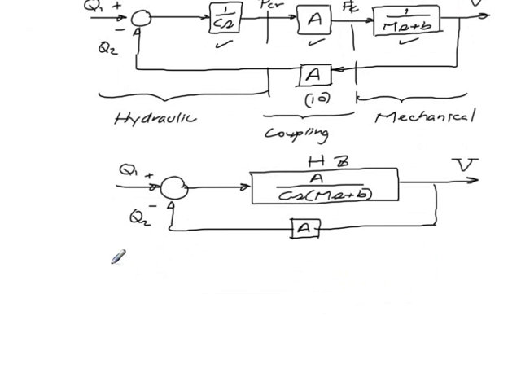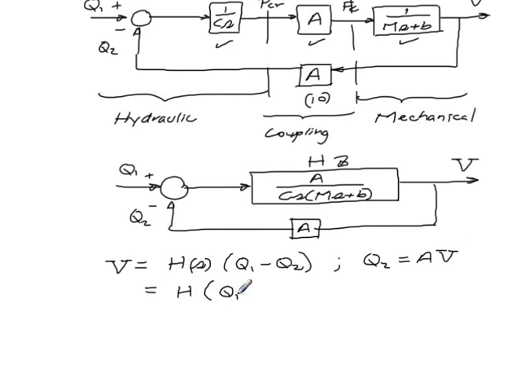So from this block diagram, we see that V is equal to this transfer function, if you will, H of S, representing that block, times the difference between Q1 and Q2. From the feedback there, we see that Q2 is A times V. So this is H times Q1 minus AV.